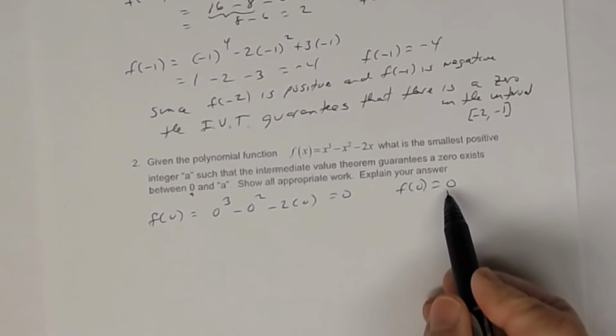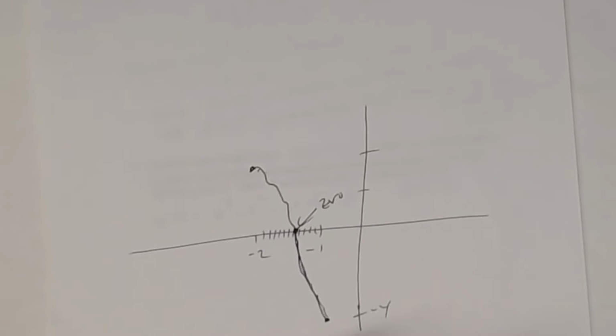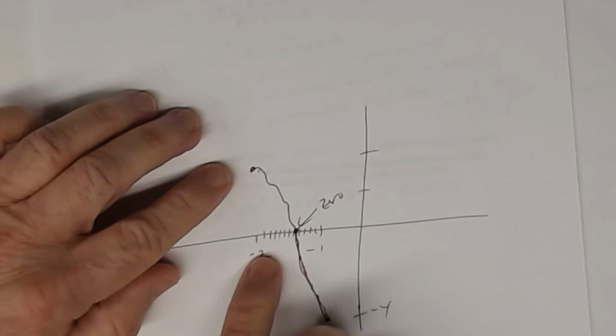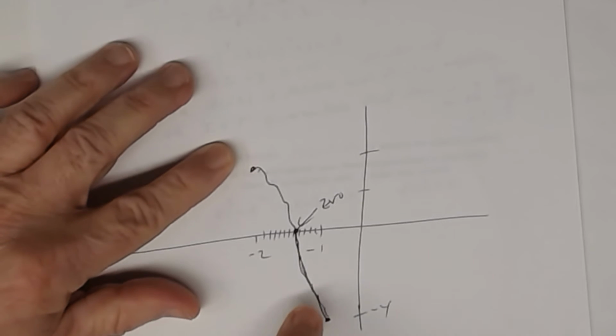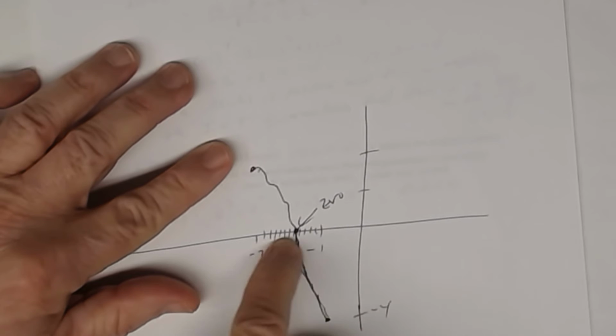It's just 0. But what I want you to do is find a point that's located above and another point that's located below. And then the intermediate value theorem will guarantee that there is a 0 in that interval.